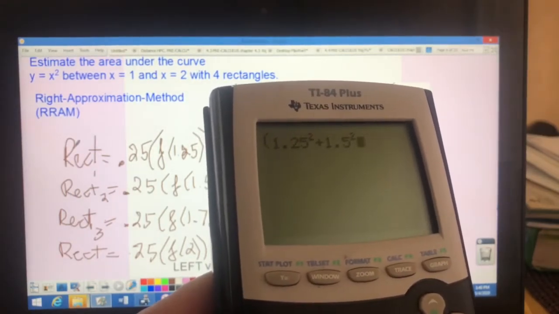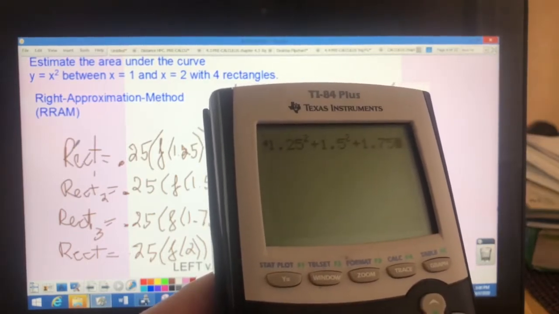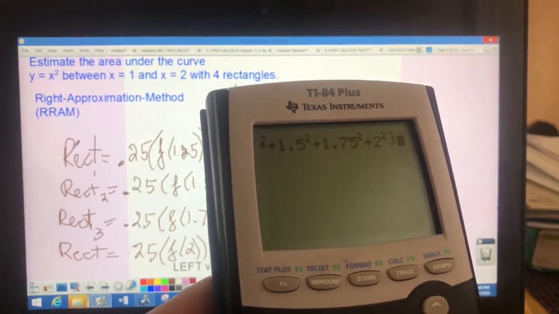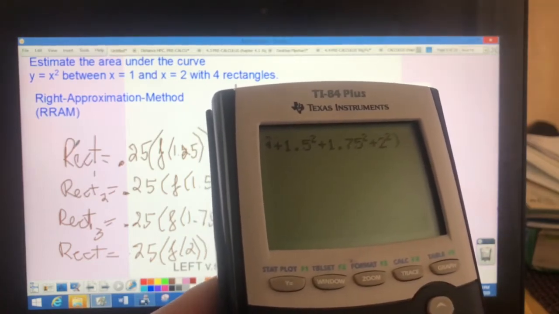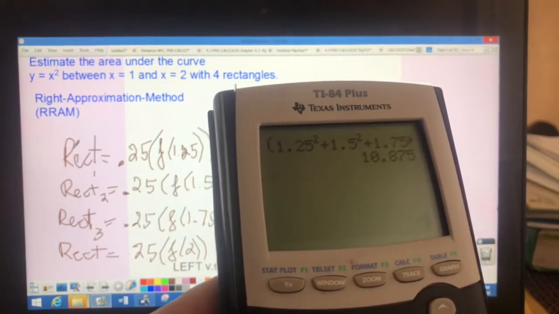Now there's a lot of different ways to do it. 1.75 squared plus 2 squared. Now what I did there is I got all the square terms, all the functions calculated, and add them all up and multiply it all by 0.25.